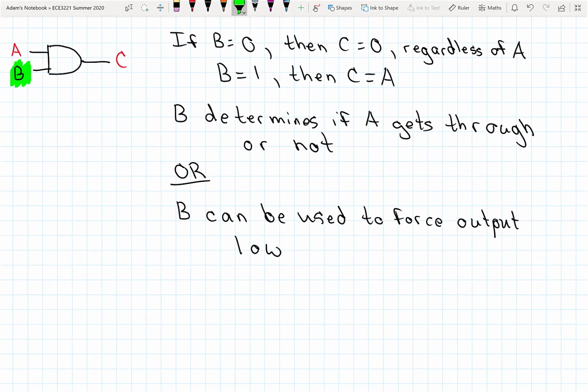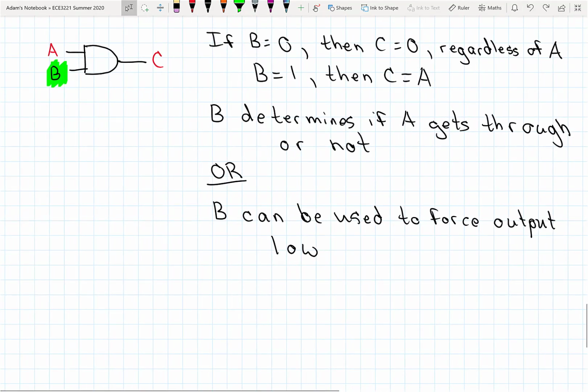Like in that first case, when B was low, we force the output low regardless of what was happening with A. Okay, so this can come in handy when you're trying to manipulate bits in your system. If you want to force a particular bit to be low, you can take the original bit, AND it with a 0, and you are now going to force the resultant or the output to go to 0.